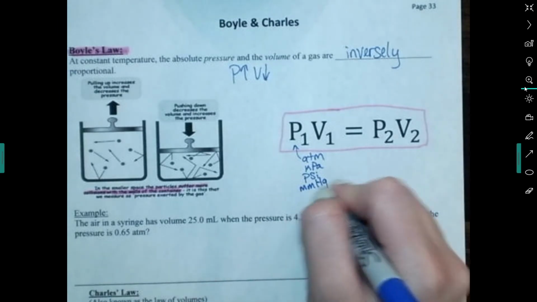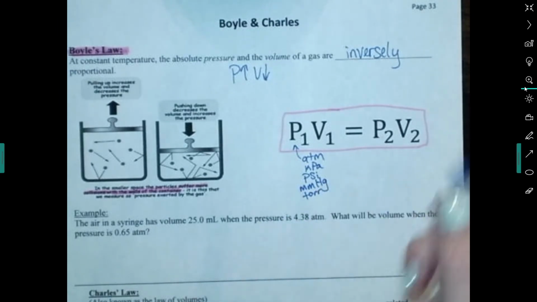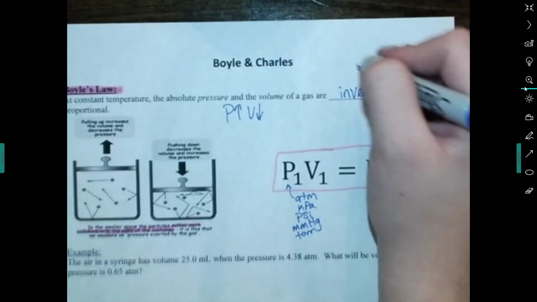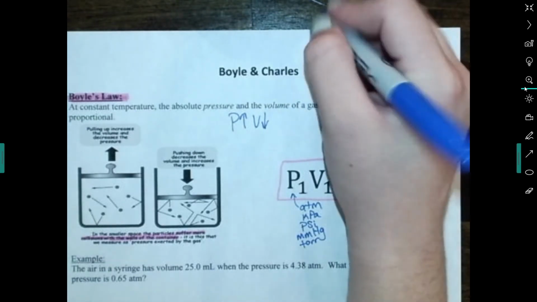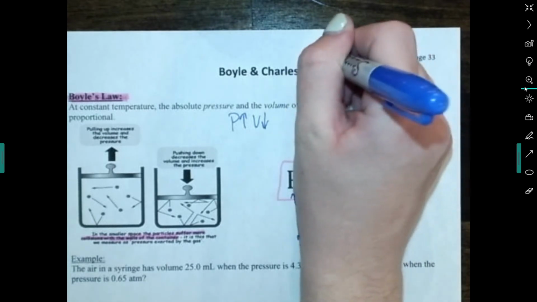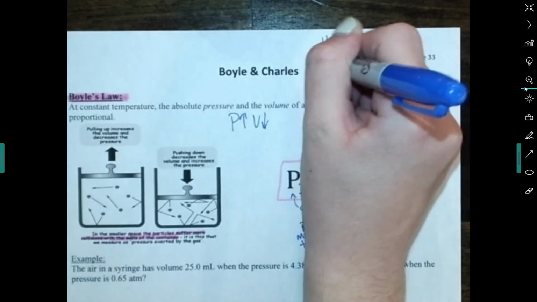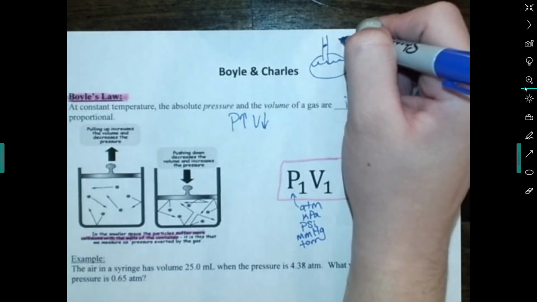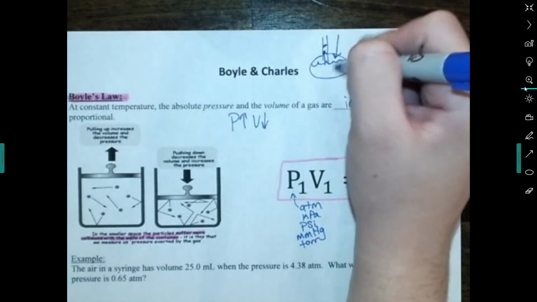Remember, that's the same as torr, because Torricelli was a scientist in Italy who discovered the barometer. He discovered you could measure atmospheric pressure. A barometer is a big tube with mercury in it, with a pool of mercury down below. He figured out that as the atmospheric pressure pushes down on the mercury, the mercury in the tube goes up and down.